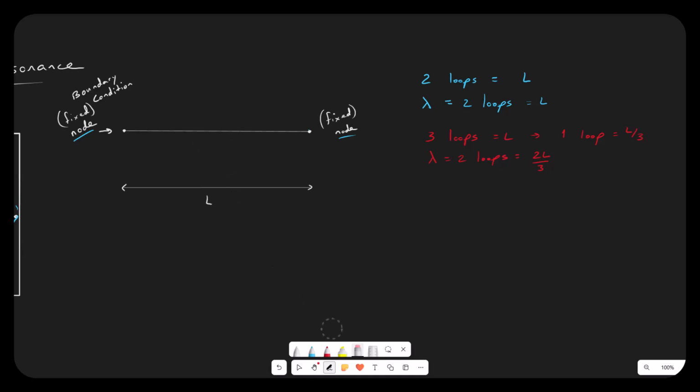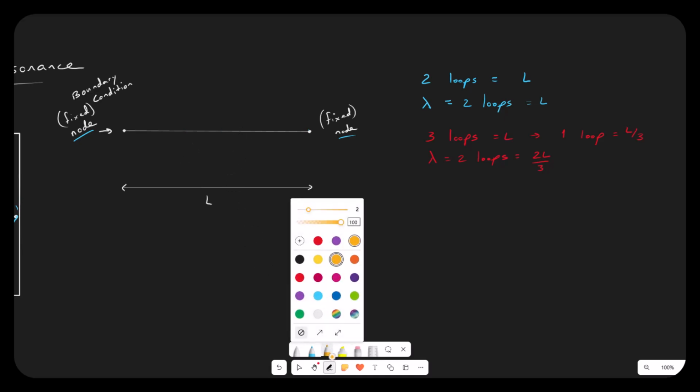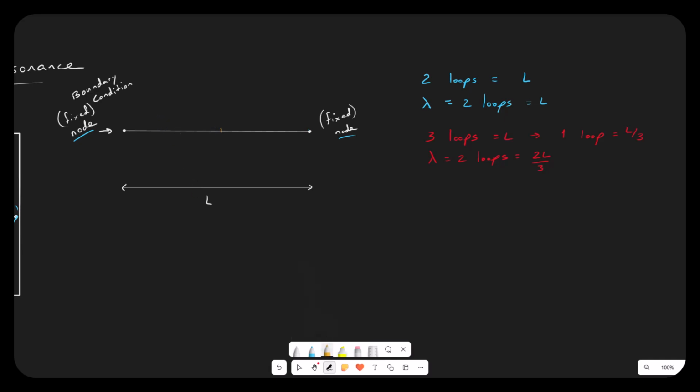And I'm going to keep going with this. I could meet these same criteria if I went with 4 loops, which would look like this. And I'm going to say there's a 4th frequency associated with that. When I do this, 4 loops take up my whole length L, which means one loop is going to be L over 4.